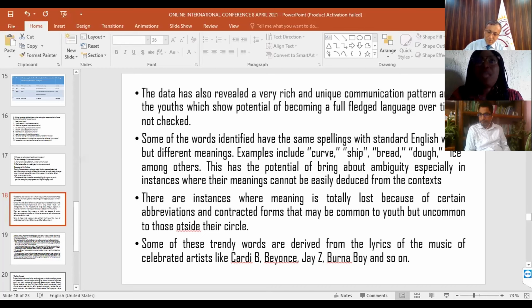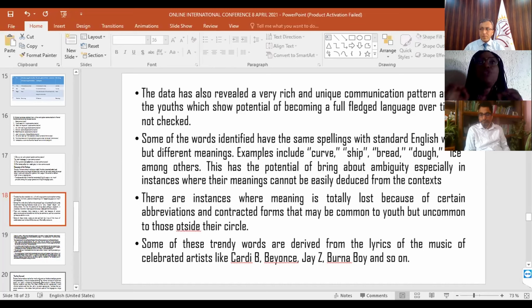We have to keep reminding our students about the dangers associated with the use of these particular varieties in the formal context or formal communication. Then, from our own end, we can organize quizzes and debates to expose the students to the standard English varieties.